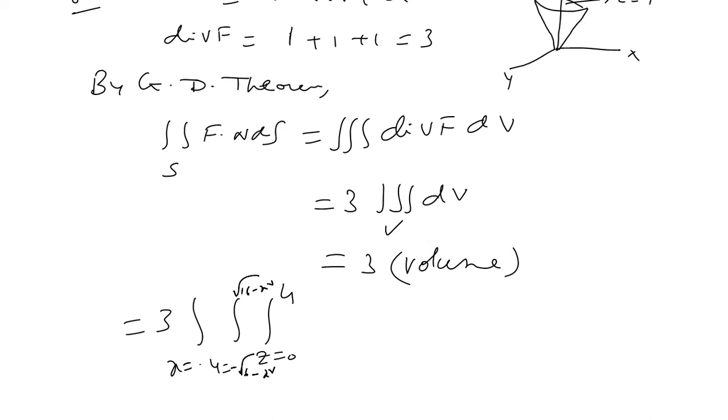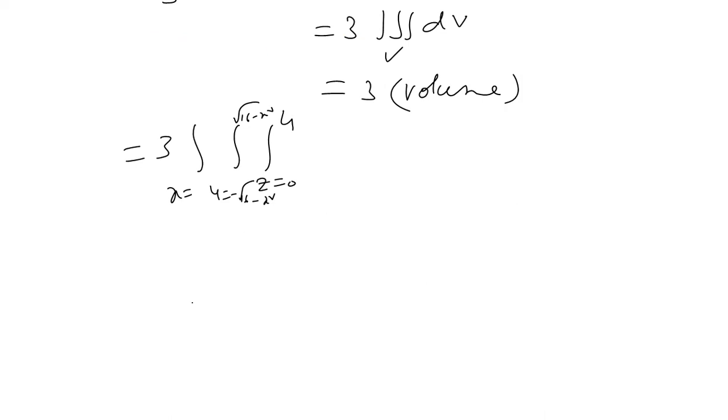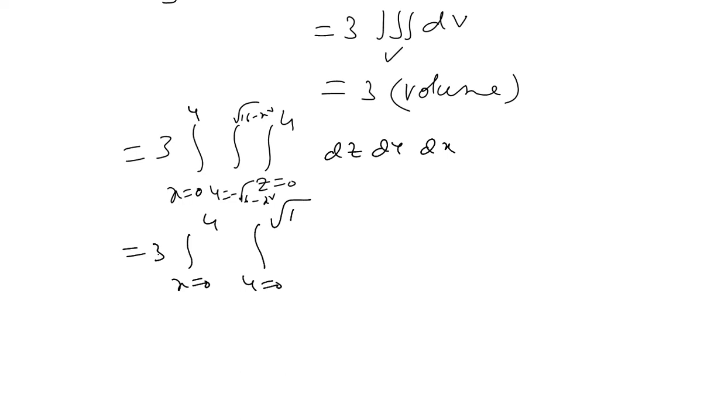Then the x value, if you just substitute z equals 4 here, then y is 0, so z is 0 to 4 dz dy dx. X is 0 to 4, y is 0 to root over 16 minus x square. Here it is an even function, so I will write 2 into 2, 4 times.